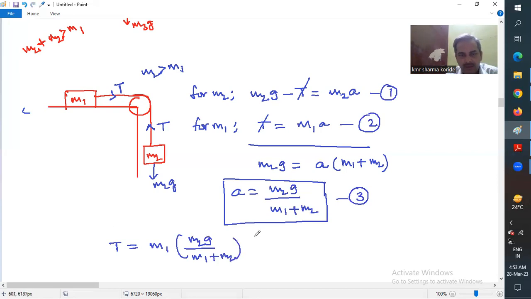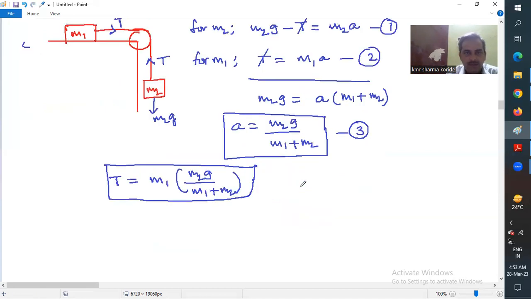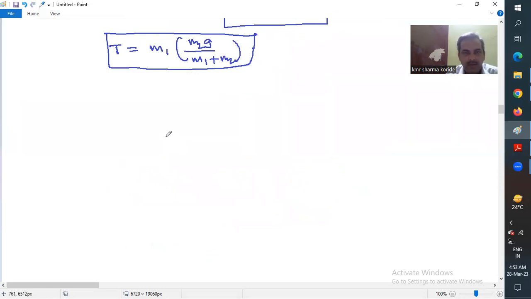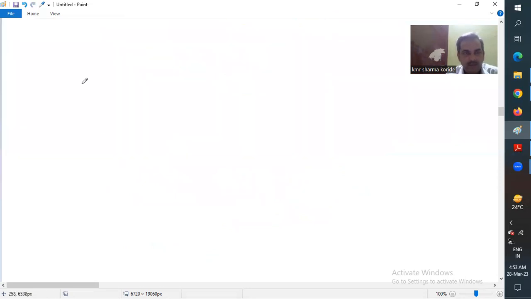Let us discuss another case. Suppose 3 bodies are taken and connected with 2 pulleys. Let us say a body of mass M2 is on the table, and 2 pulleys are taken.